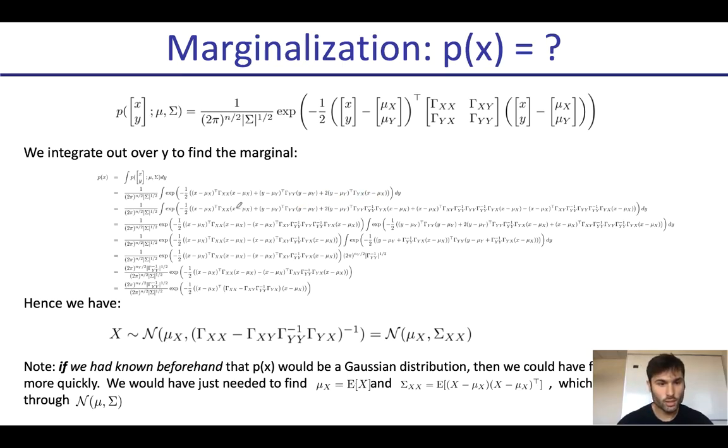The term that depends on x won't be involved at all with the integral, because it's an integral with respect to y. The other terms, one depends on y, and the other depends on x and y. It very much resembles a quadratic, and it's very hard to integrate the exponential of a quadratic.